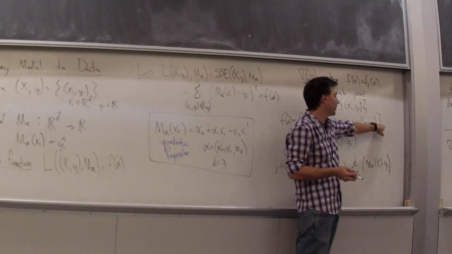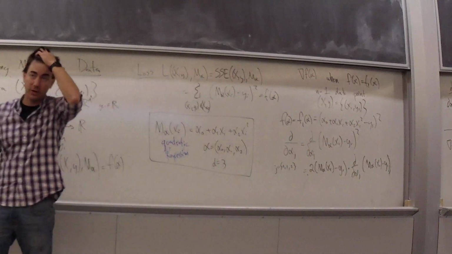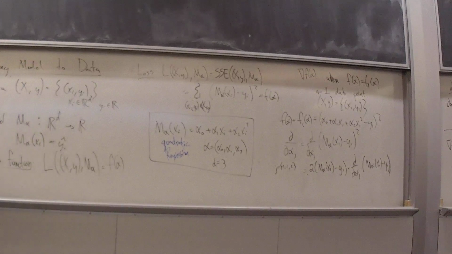And it's taking squared, so this is a quadratic. It's going to be convex, which means that f equals the sum of f_i is also going to be convex. So as long as my loss function L is a convex function of this, then the sum of them is also going to be convex.